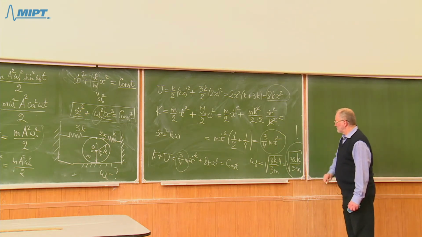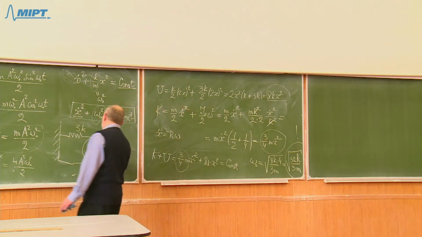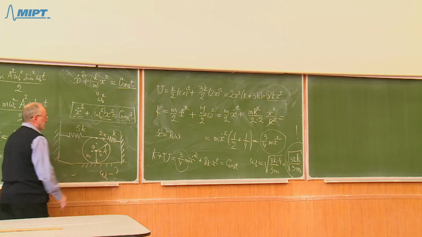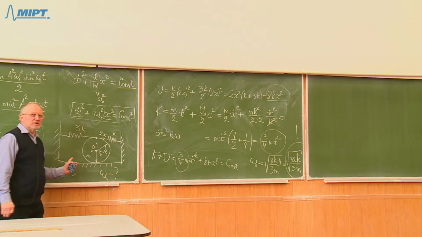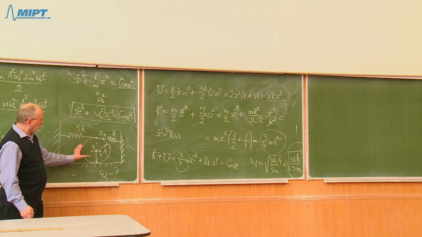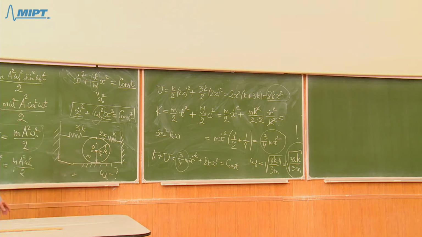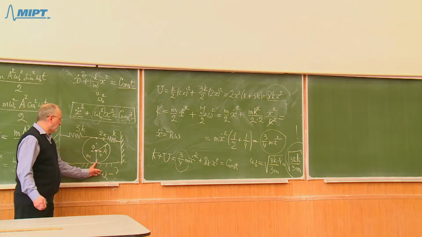So we have found the frequency of oscillations, or vibrational motion, in this complicated mechanical system with two springs and a uniform disk rolling without slipping.